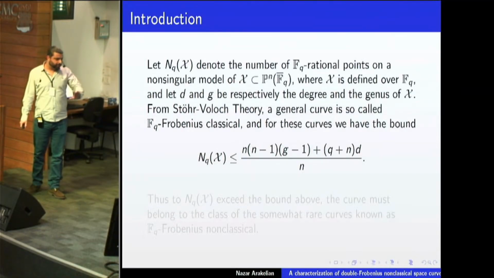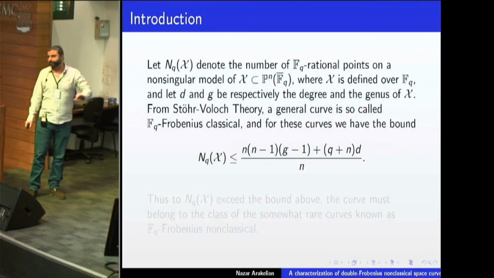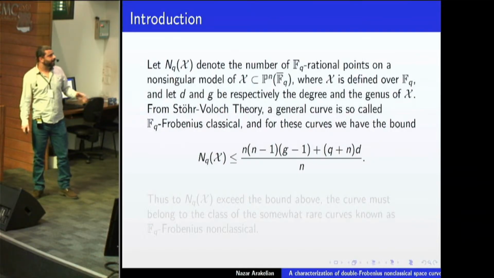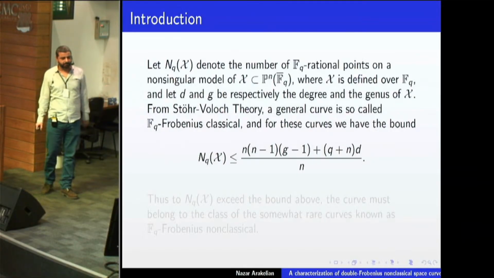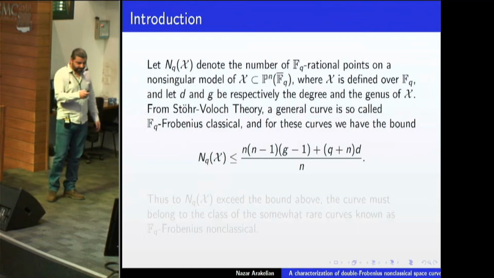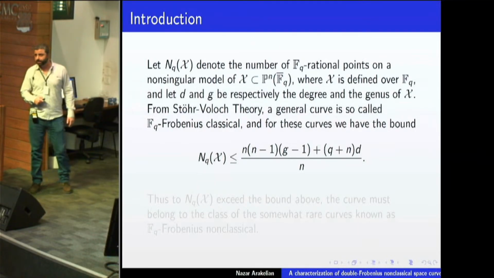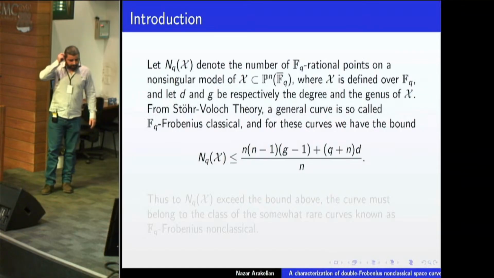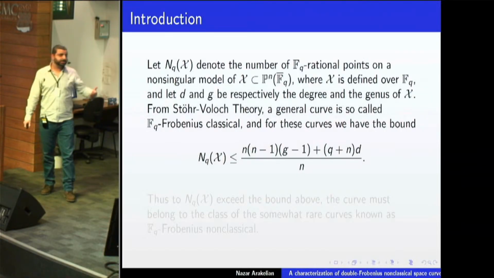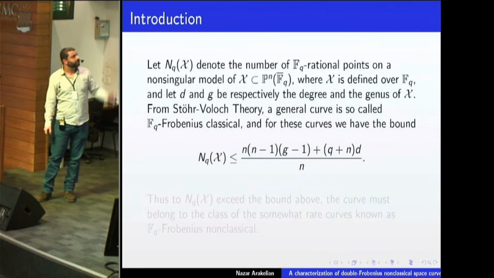The point here is that if the curve is Frobenius classical, then the number of points is bounded by this number that depends on the dimension and the genus and the degree of the curve X. Again, the curve must be Frobenius classical for this bound to work.